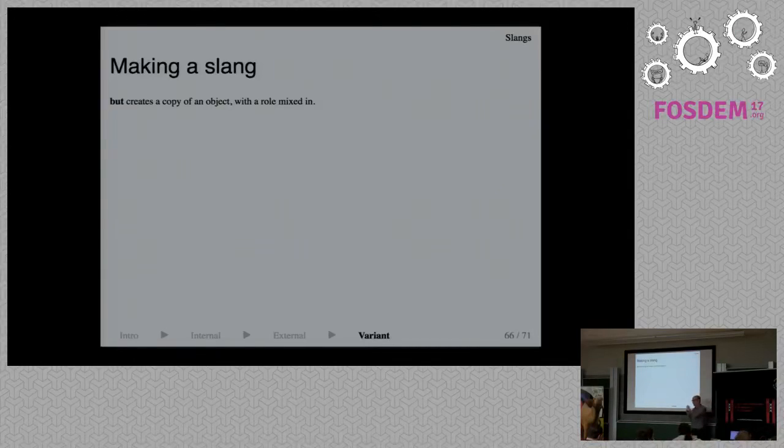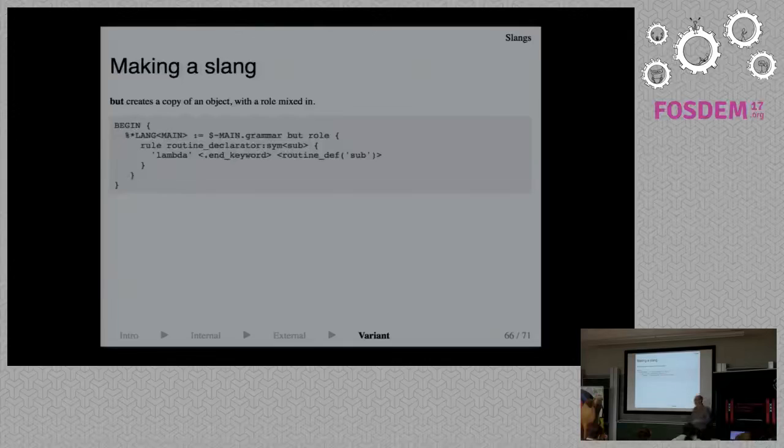You could do the same thing with grammars, where you can override a few tokens in a grammar. So long story short, you say lang main equals the main grammar but this is what my subs look like. They start with lambda instead of starting with sub. So that's a long explanation for something that makes sense at the end. The but just changes one little piece of it.